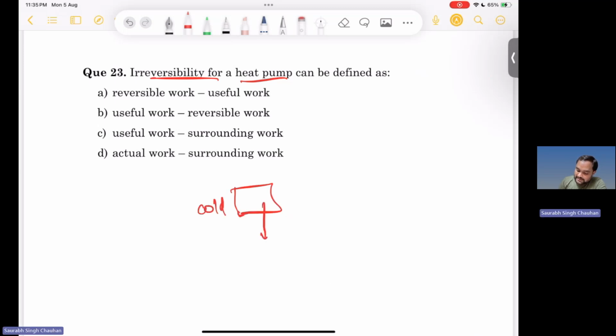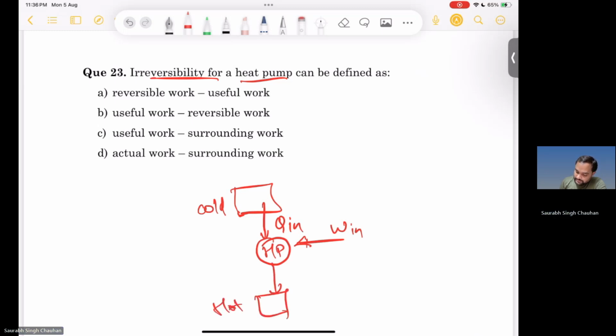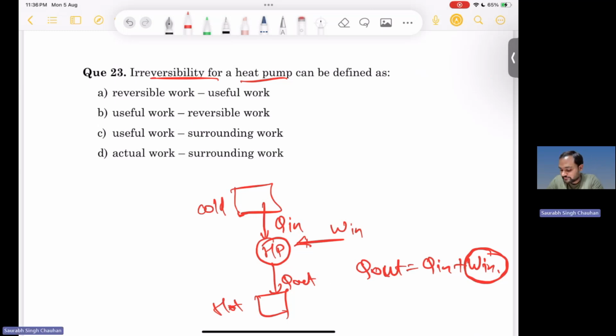The heat pump will take some heat in, and there will be some work input, and it will reject heat to a hot environment. Q out will be equal to Q in plus W in. So this is that work that is being asked in this question.